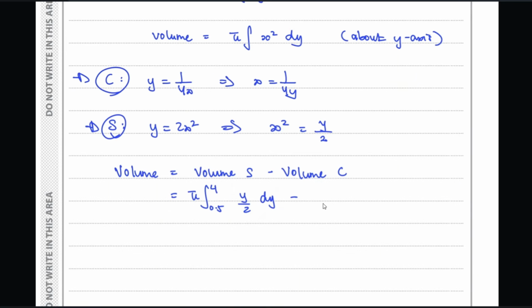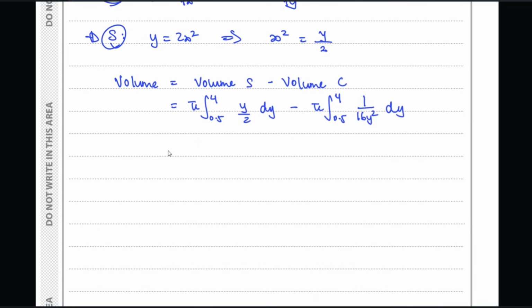That is volume S. Then volume C would be pi times the integral, limits from 0.5 to 4 again, of x squared dy. The value of x for curve C is 1 over 4y, so x squared would be 1 over 4y the whole squared, which is 1 over 16y squared, with respect to y. Then we just have to integrate these.